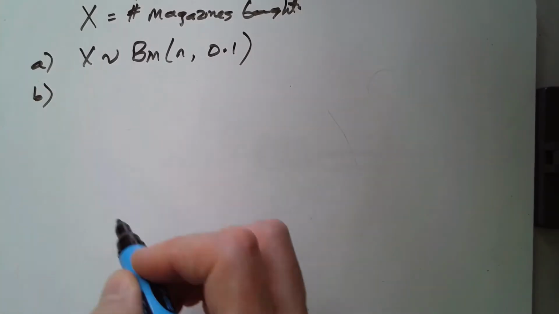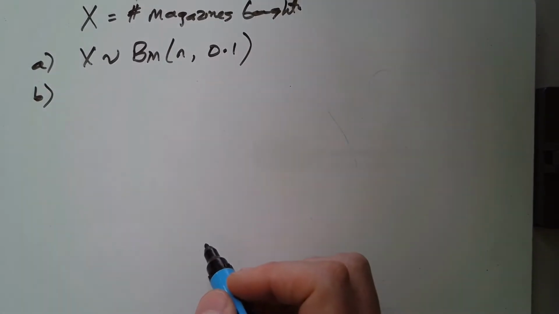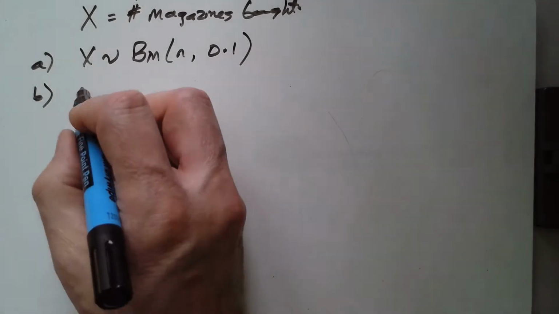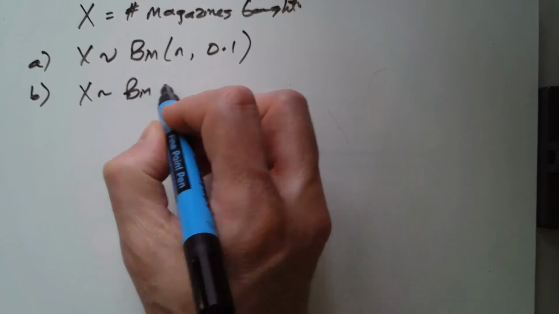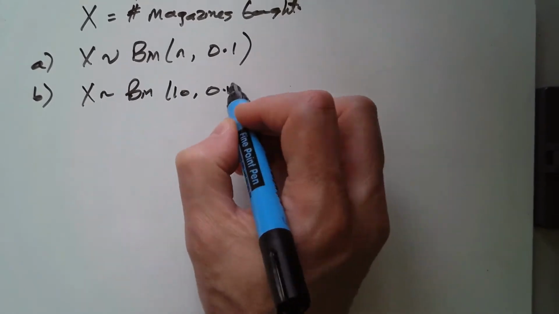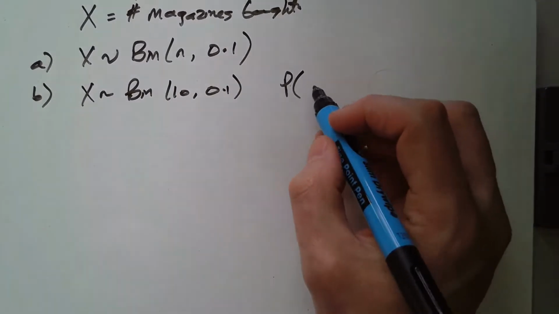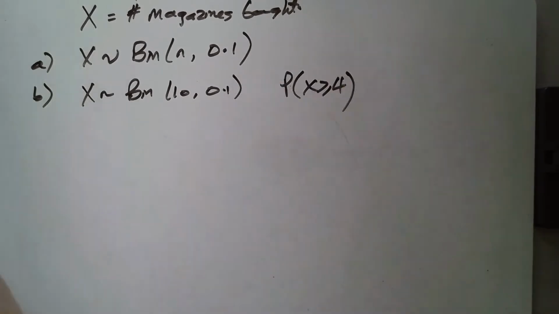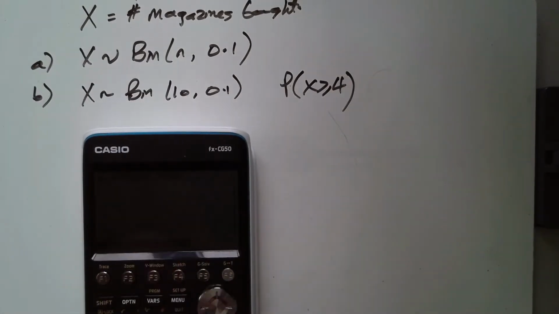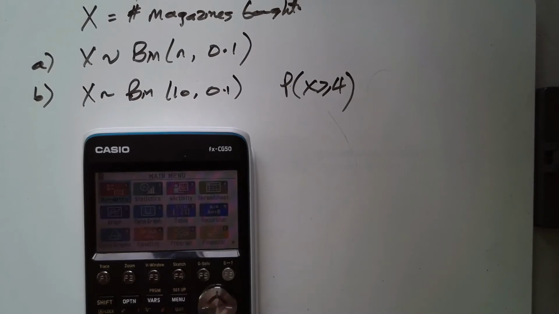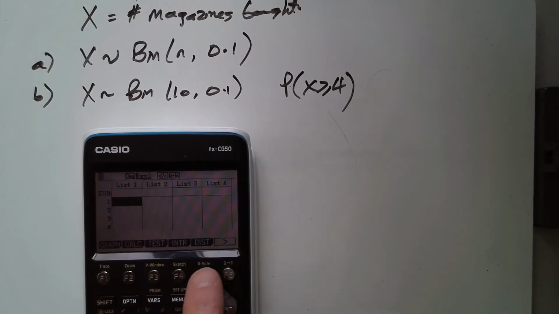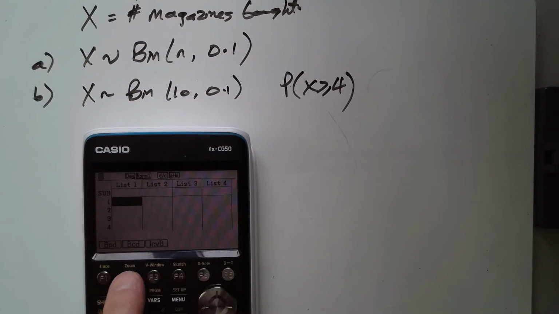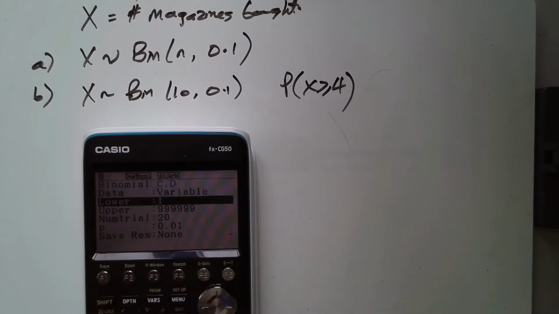Part B, on Monday he phones 10 people. So X is a binomial 10, 0.1, and we're being asked to find the probability that he sells at least 4 magazines. So 4 or more. Grab my calculator, statistics mode, distributions, binomial CD.